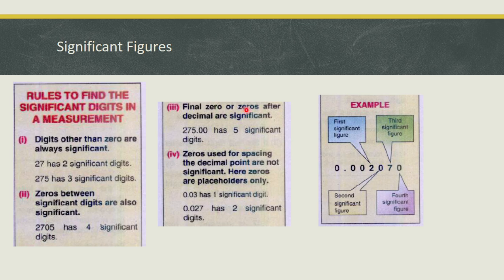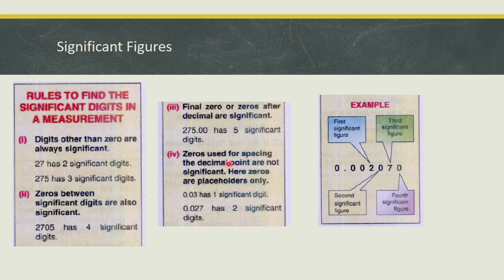Final zeros or zeros after the decimal are also significant. So in 275.00, these two zeros are after the decimal point, so they are also significant. So the total number of significant digits is 5.